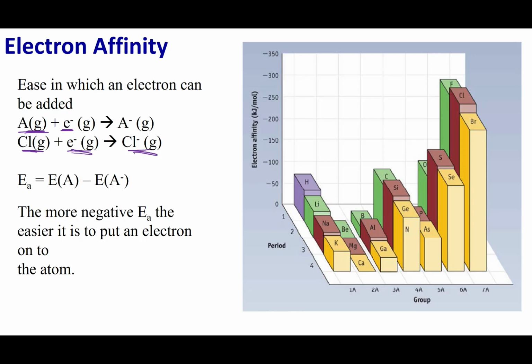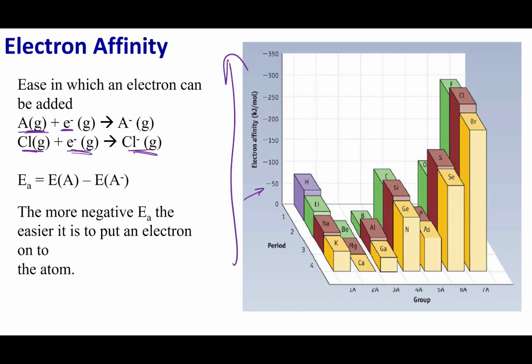What you should note is that if you stick an electron onto an atom, it is going to release energy. So the greater the release of energy, the easier it is to stick on that electron.